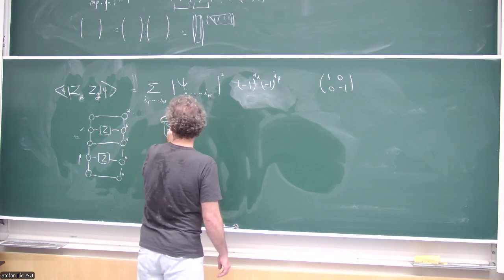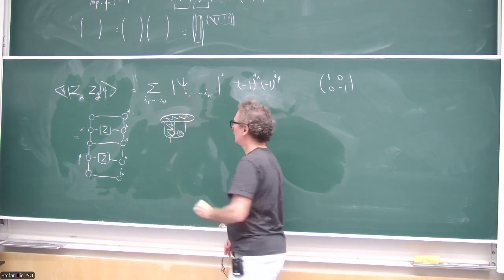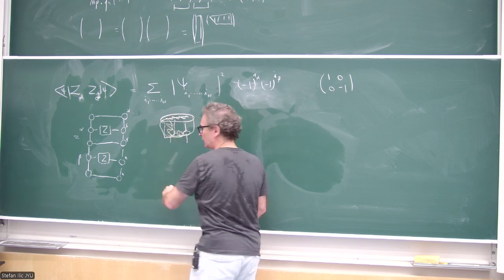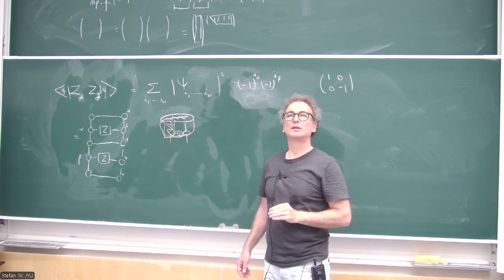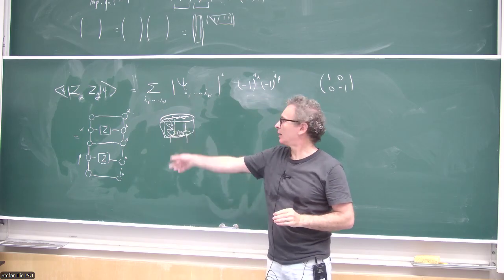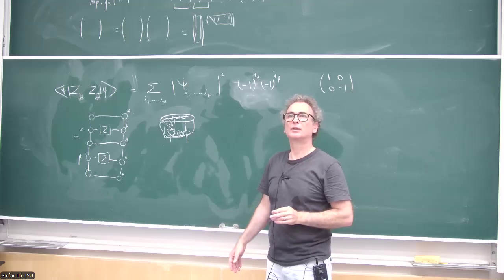Then you add the Z. This is trivial. Then you add this one, and you get something like that, and you continue until the end. Okay, we did it already. I had this example when we explained why the order of contraction is important.